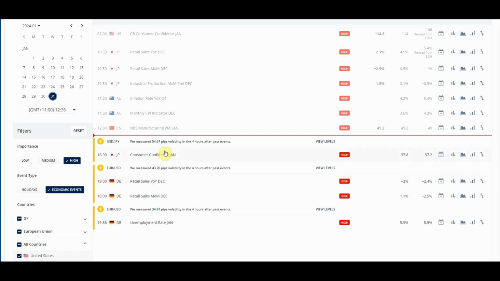So I'm just going to use an example that's coming up. I'm just going to pick a random example and show you how easy it is to, I guess, work out if there is something that you can trade or not. I'm not particularly a fundamental specialist. I understand the basics of it, and unfortunately what happens in the real market, in the real world, is just because something is bad doesn't mean the market's going to go down.